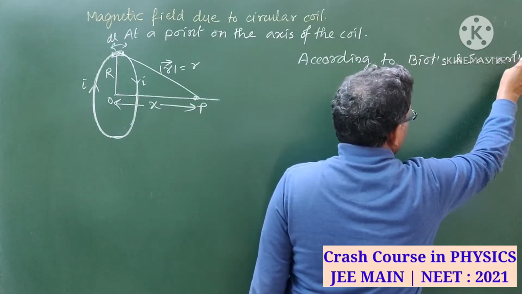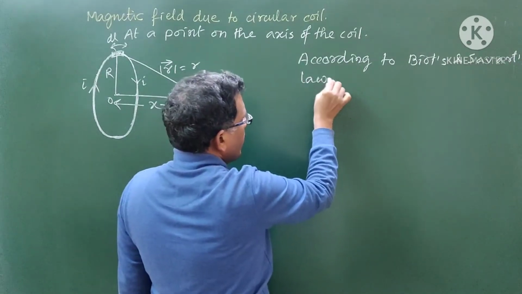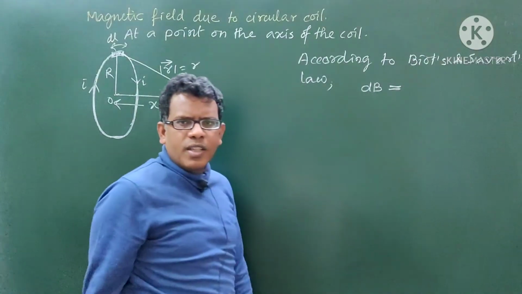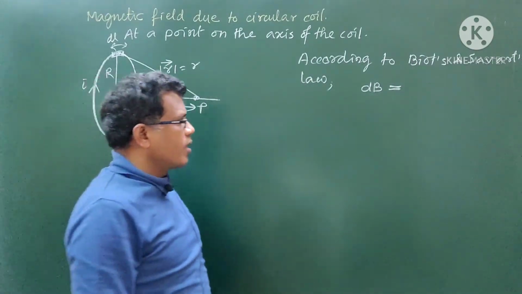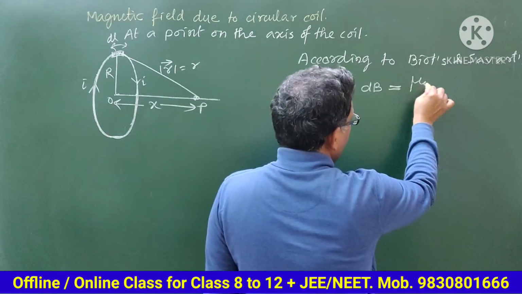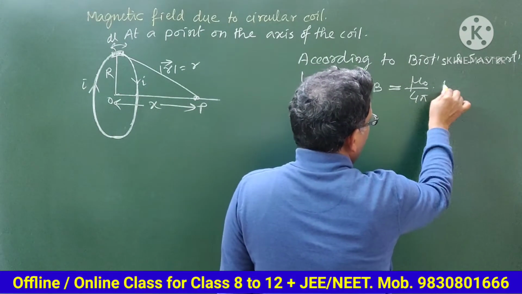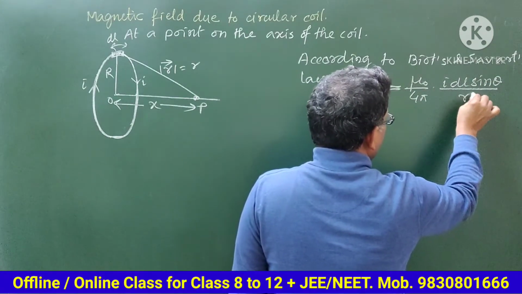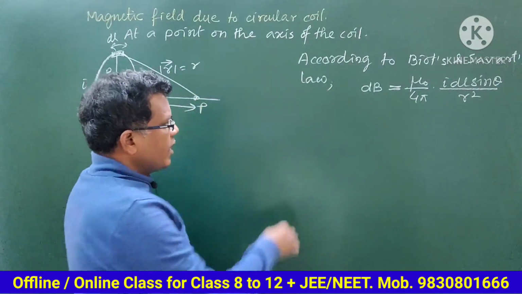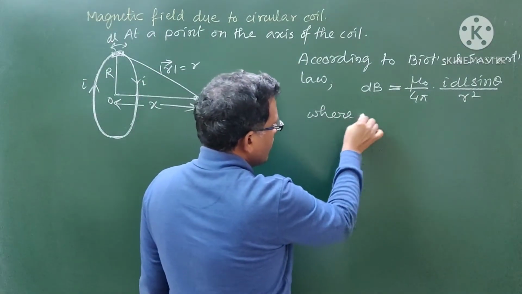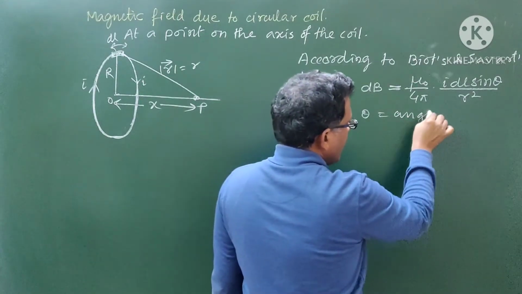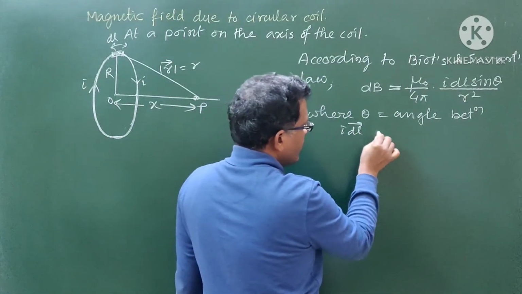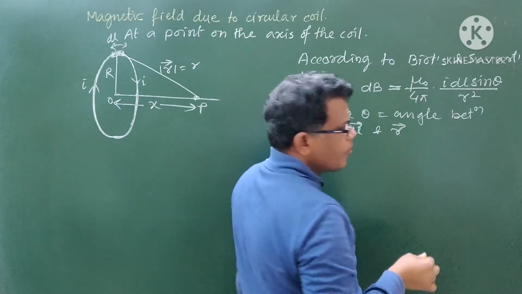Biot-Savart's law, we know the magnetic field expression dB due to a small part of the current carrying wire is mu naught by 4 pi, I dl sine theta by r square, this is the basic formula, where theta is the angle between the current element I dl vector and the radius vector, right?